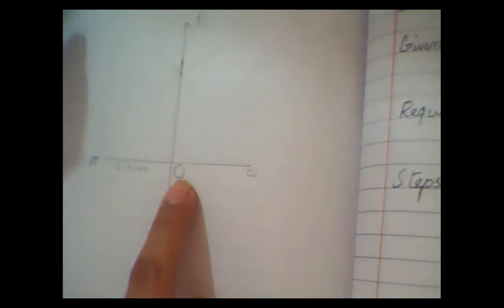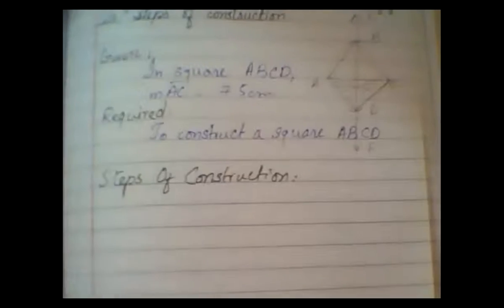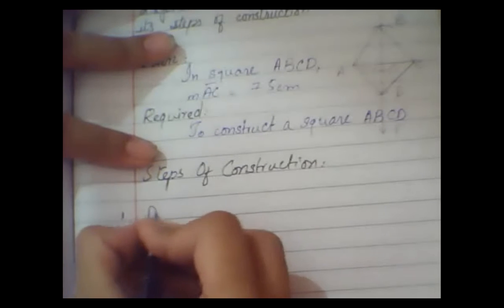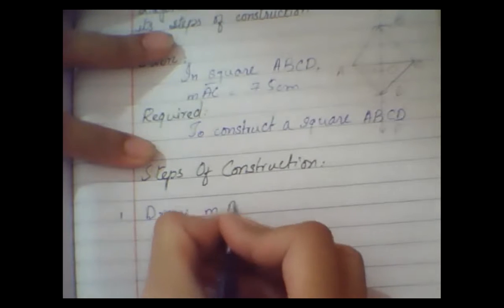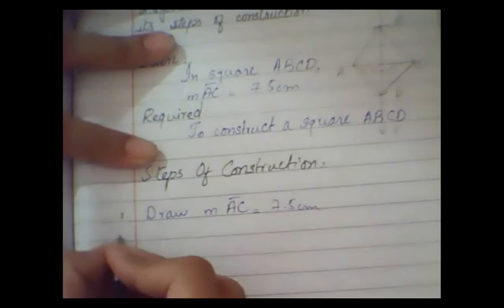Where is it going to be intersected? It is going to be intersected at point O. So what I have done, I have drawn the right bisector EF of AC, intersecting it at point O. So step number 1 is, first write down the steps of construction. In the steps of construction, number 1 is draw AC equals 7.5 centimeters, right?